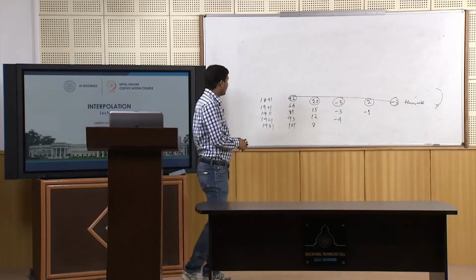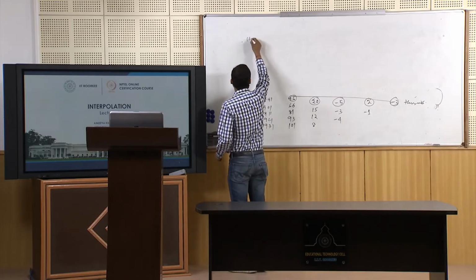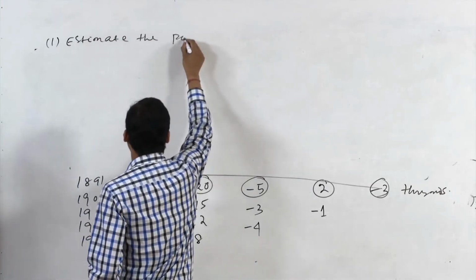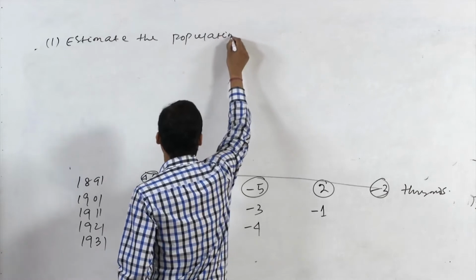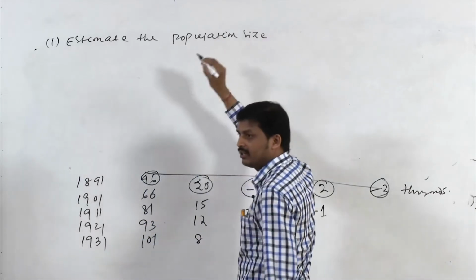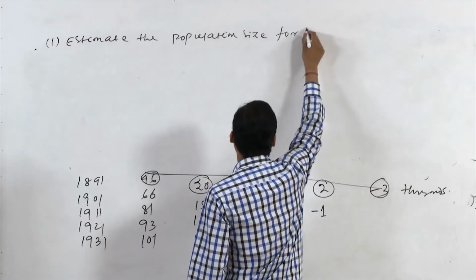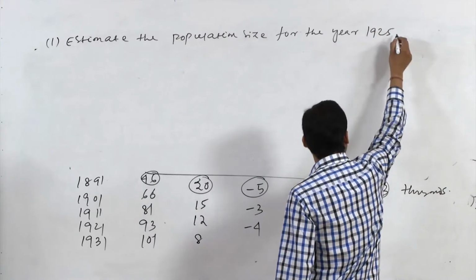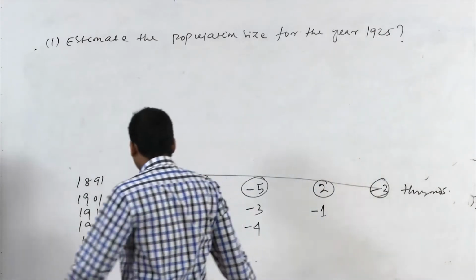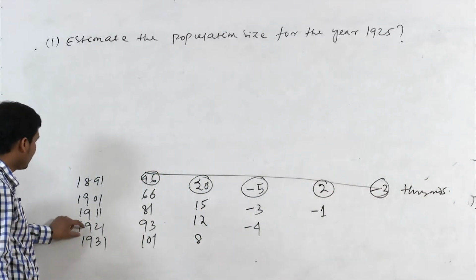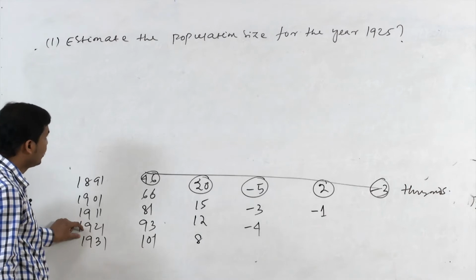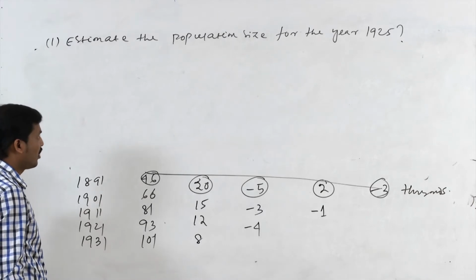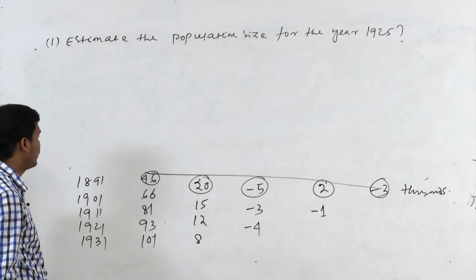Since 1925 exists at the lower end of the table, we can use Newton's backward difference formula to find the population size for the year 1925.